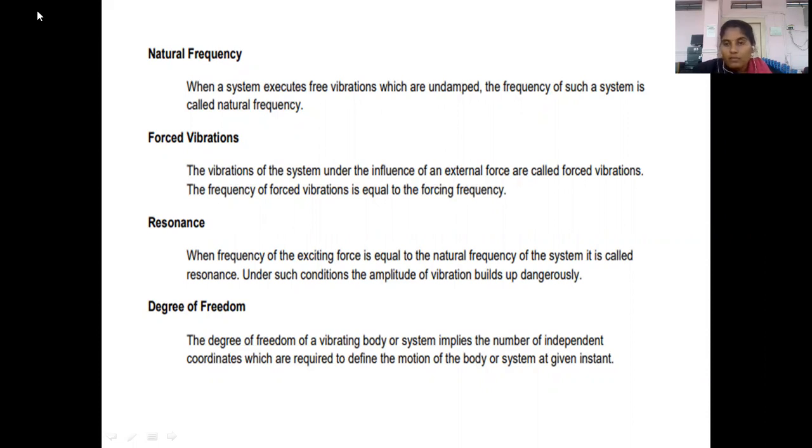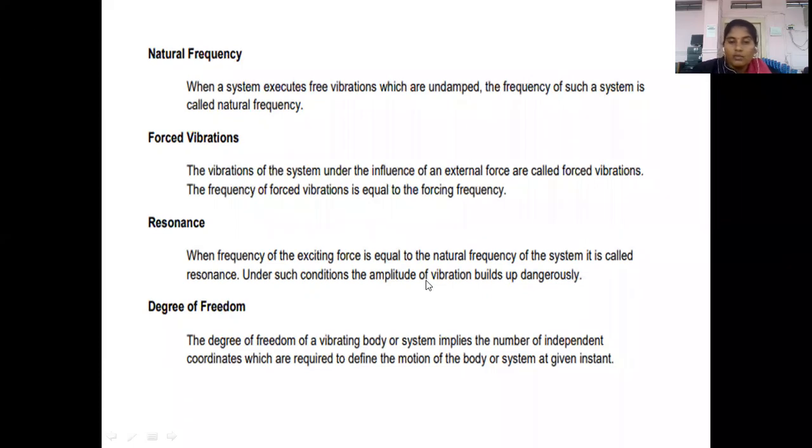Whenever the exciting force and the natural frequency both are the same, at that time resonance will be created. Means omega is equal to omega n, where omega n is the natural frequency and omega is the exciting frequency. Both will be equal, and then this resonance will be produced.